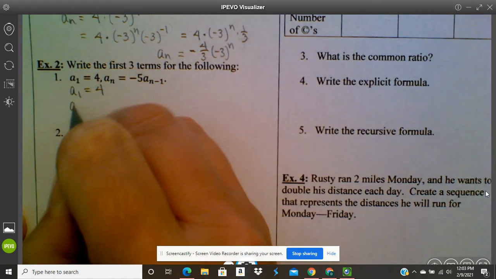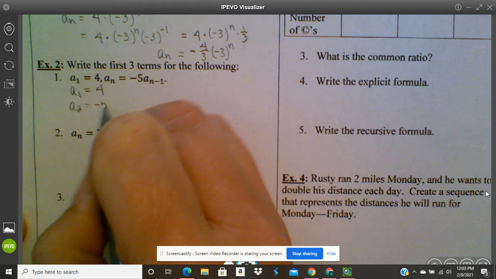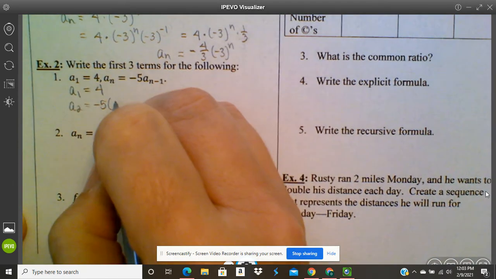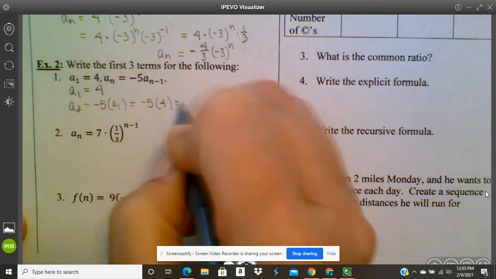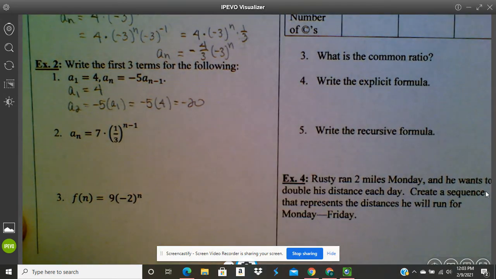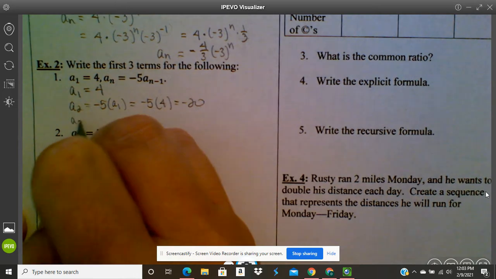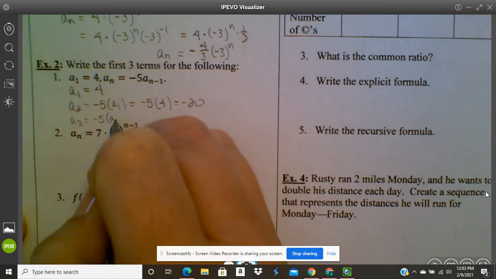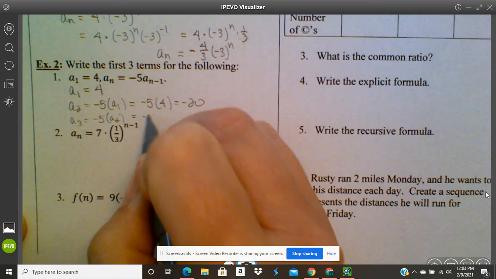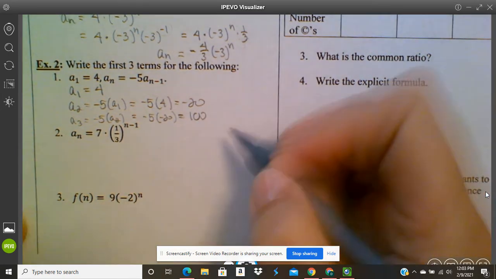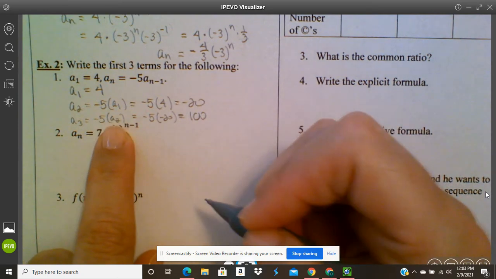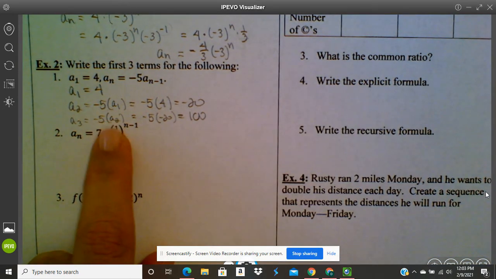I'll define my second term as negative 5 times my first term, and so I'll get negative 20. My third term will be negative 5 times my second term. So negative 5 times negative 20 is 100. Do you have to write in this step? Oh no, I'm only showing this to you for teaching purposes, but in most cases, I would skip this step.